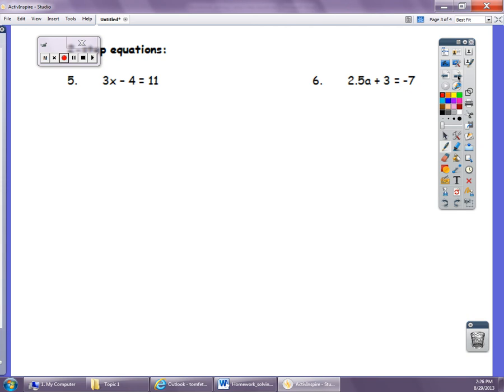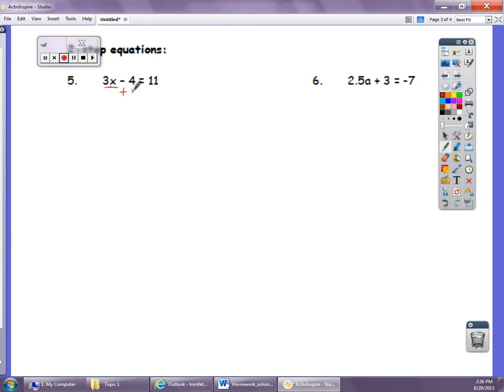So once again, our goal in solving an equation is to get the variable all by itself. Well, right here is the variable, so we need to get rid of this negative 4. So we want to start to isolate the variable. So the way we get rid of this negative 4, well, we say, what's the opposite of negative 4? How do we make negative 4 0, our additive inverse?